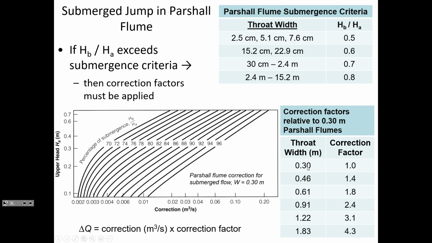So the actual reduction in flow capacity is going to be even more severe than suggested by this chart. That's why I'm multiplying by this factor of 1.8. So the delta Q is 792 cubic meters per second.